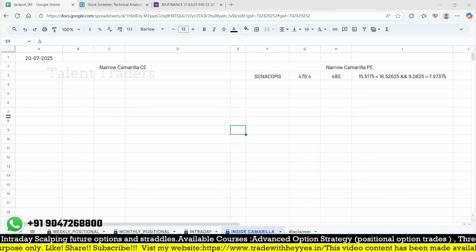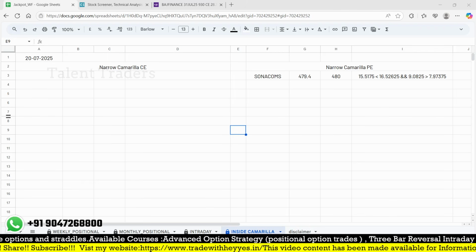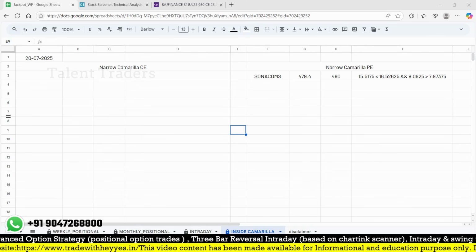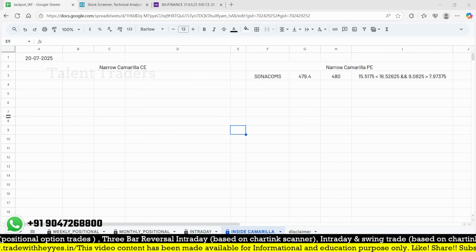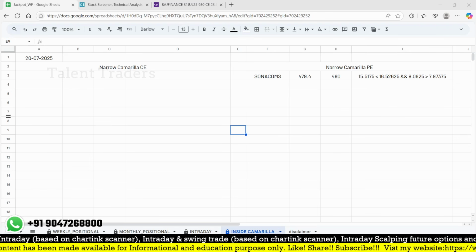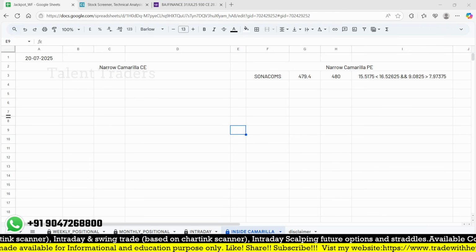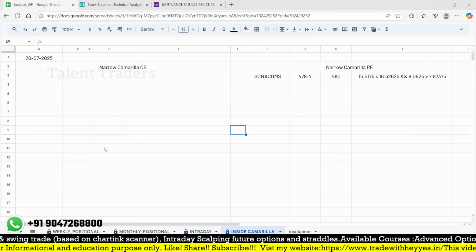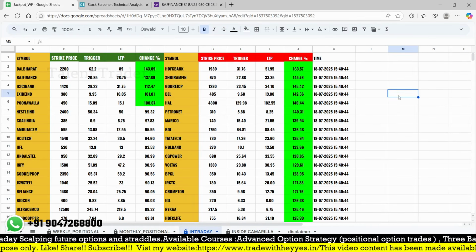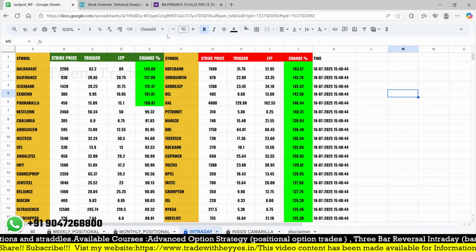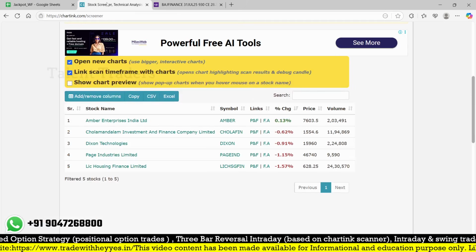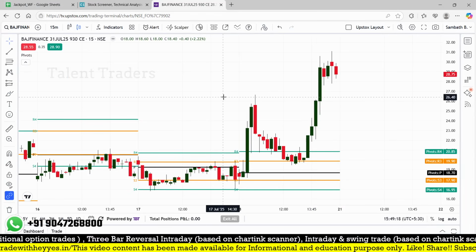It will be updated automatically. This may be based on the previous day's closing. We try to find the strike price according to yesterday's closing price, the nearest ATM strike price which we add here, and it may help you find breakout opportunities.